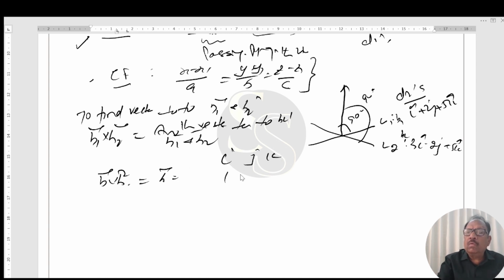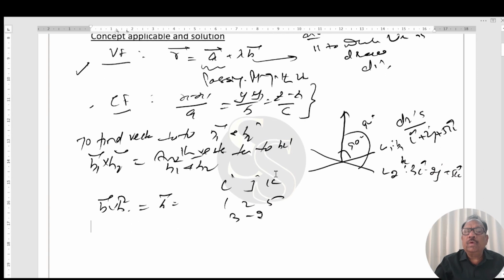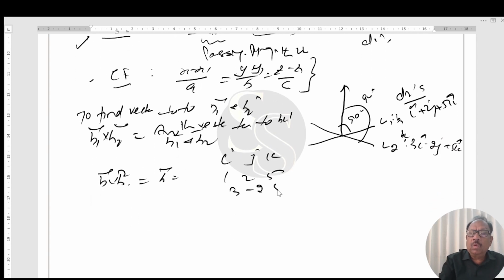i j k, 1 2 5, 3 minus 2 5. This is the determinant of the matrix.